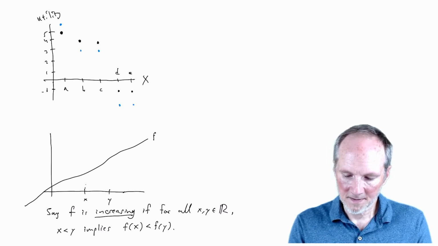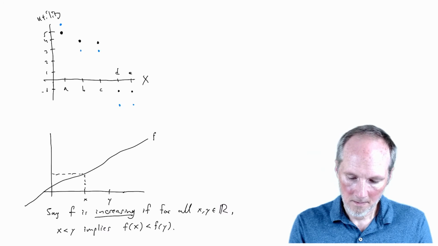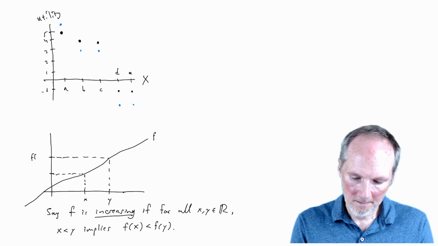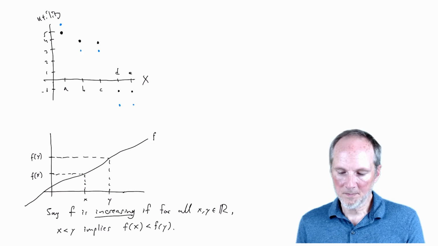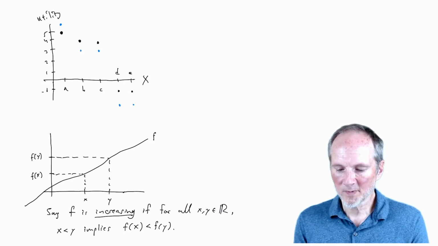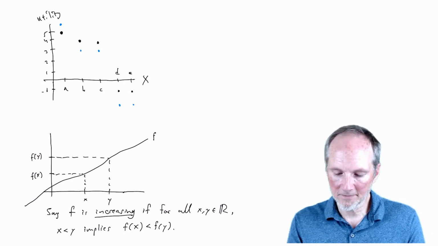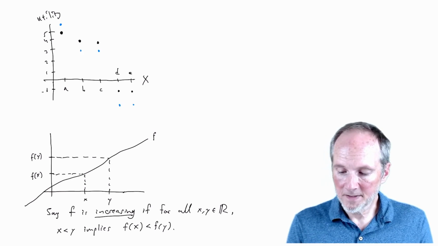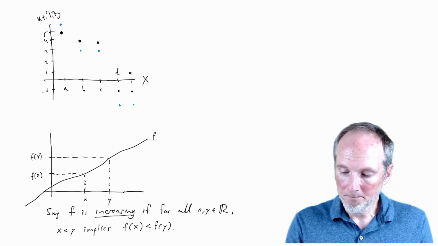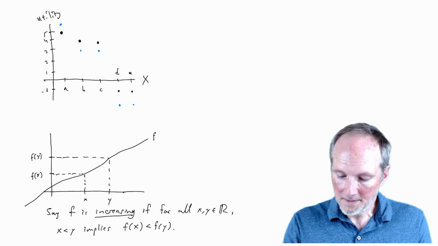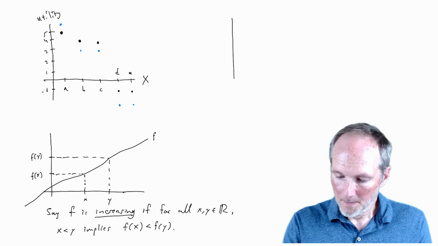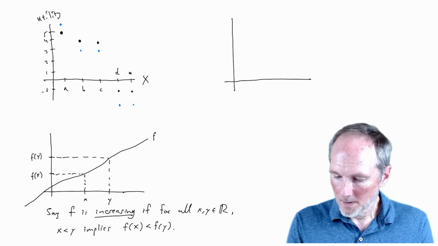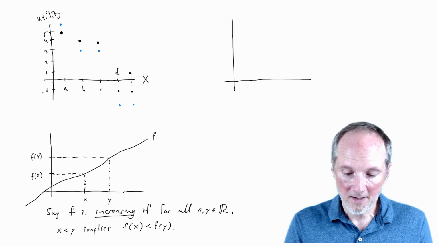If I take x less than y, then f of x is less than f of y. So that's just how we would formally define the idea of a function with an increasing graph, a graph that slopes upward. So suppose I have a utility function, let's take the black one here.